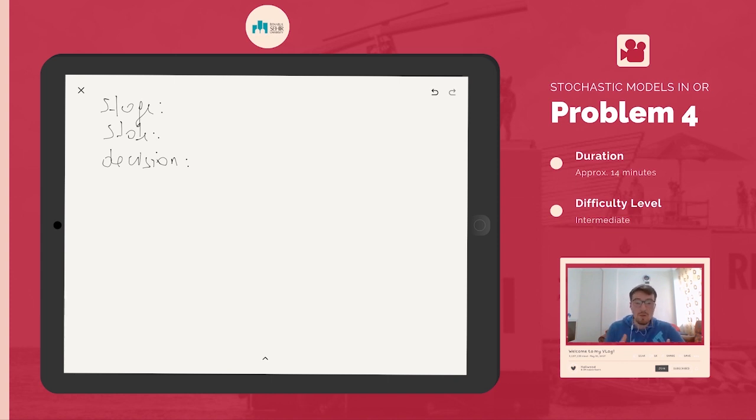In this case, we can use site number as the stage of this problem. So we say site T. What about our decision? What are we trying to determine in these problems? We are trying to determine how much money to invest in each site. So decision is how much money to invest.